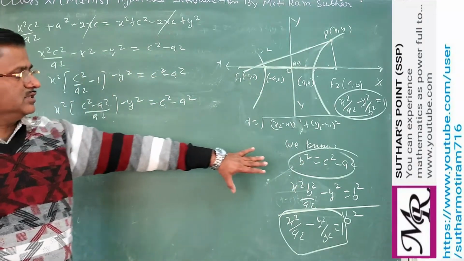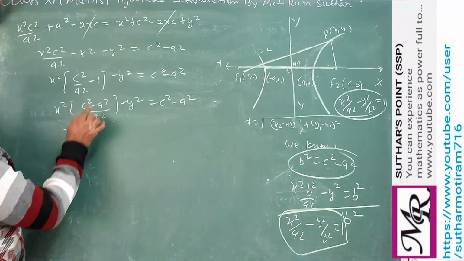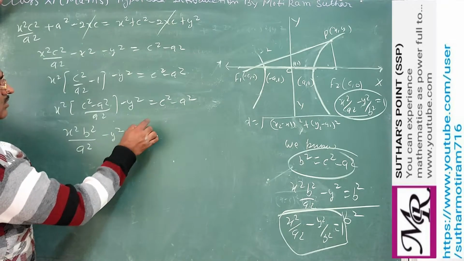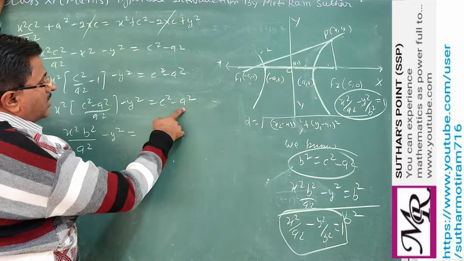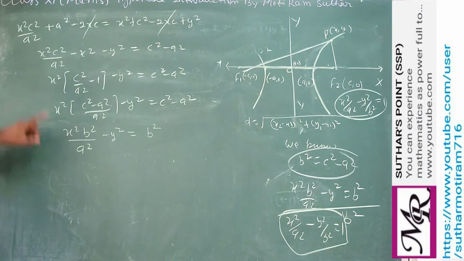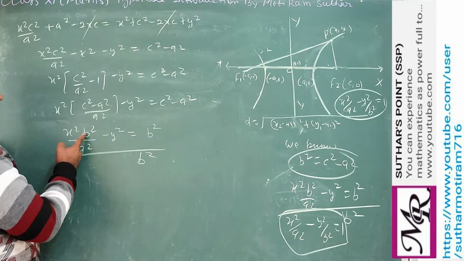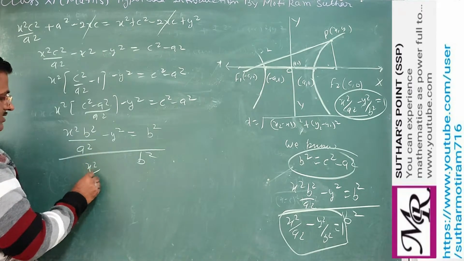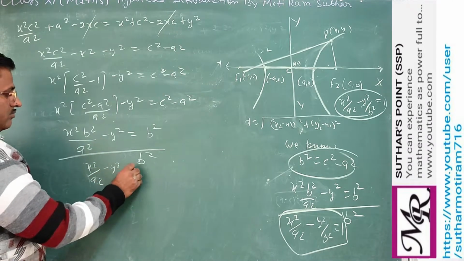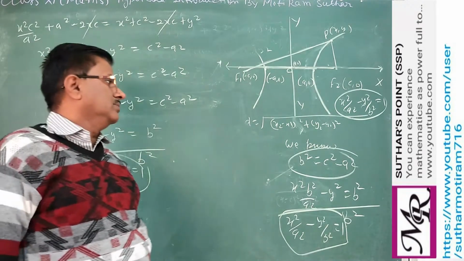After replacing this we get x square into b square upon a square minus y square equal to, now this is c square minus a square, that is again b square. Now throughout, if you divide by b square, b square cancels out, so x square upon a square, minus y square upon b square, equal to 1.